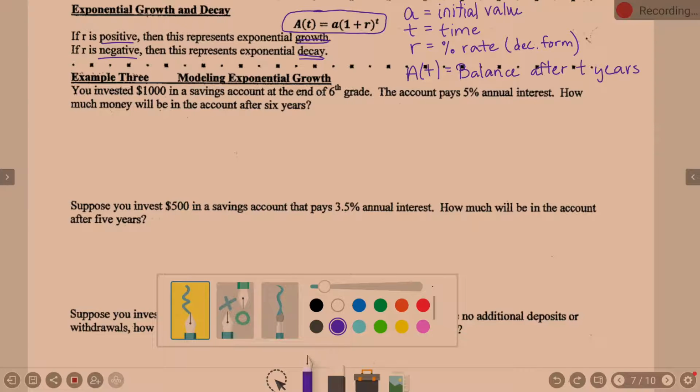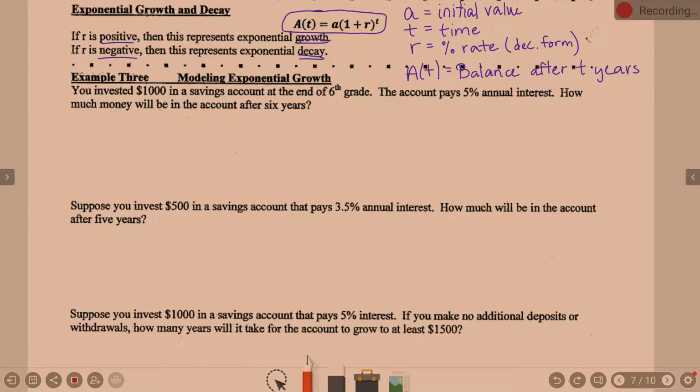One other thing that they might throw at you in Math Excel: if they ask you for a growth or decay factor, it refers to what's in the parentheses there, which is whatever 1 plus R is. This is your growth or decay factor, depending on the situation.